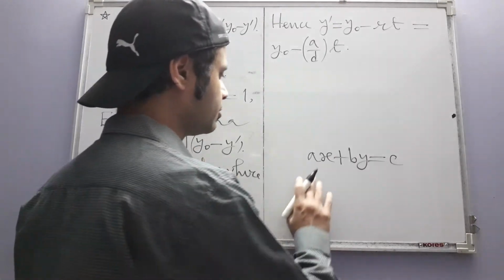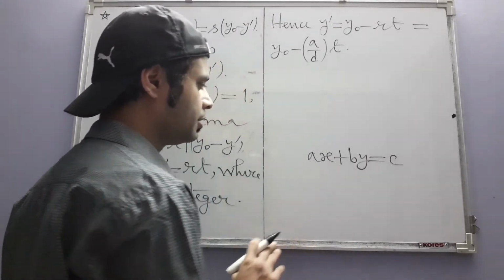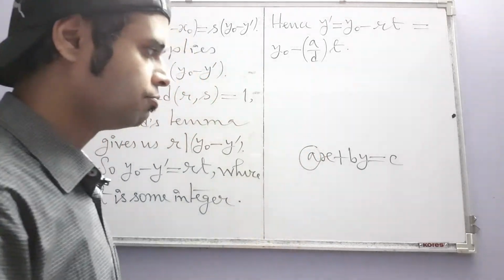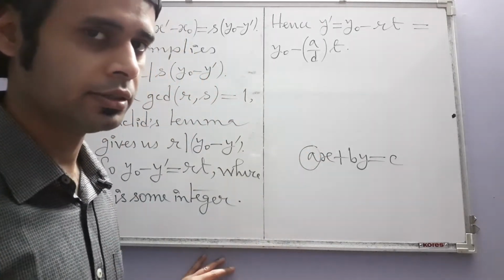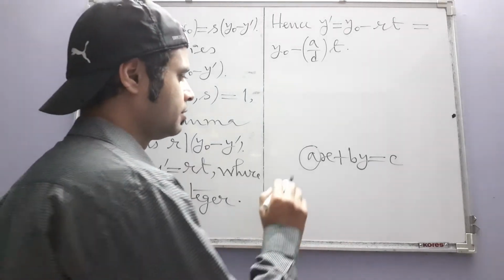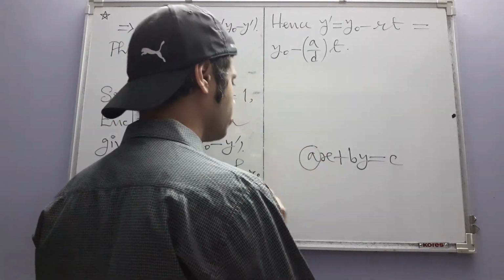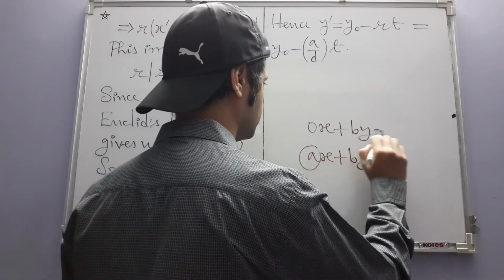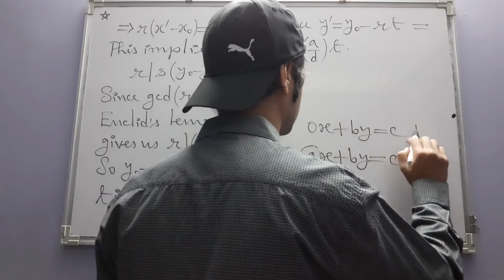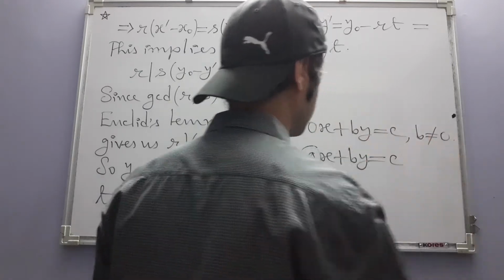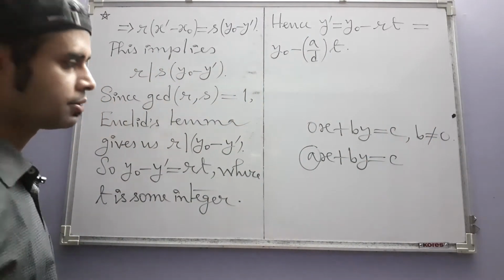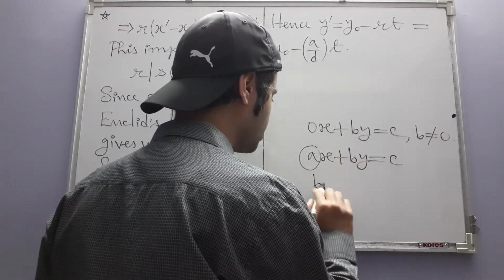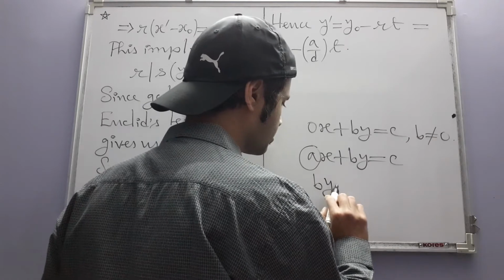Now what I am going to additionally assume is that in fact that non-zero coefficient is a without losing any generality. Why? Say the non-zero coefficient is not a. Say your equation is this, where b is non-zero. Fine, then no problem. You just simply write your equation like this.